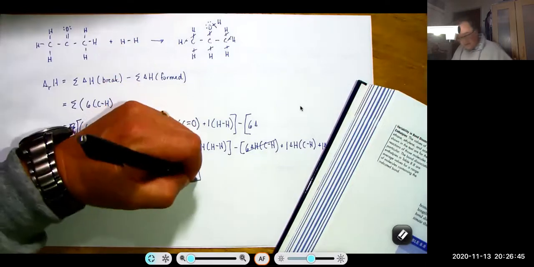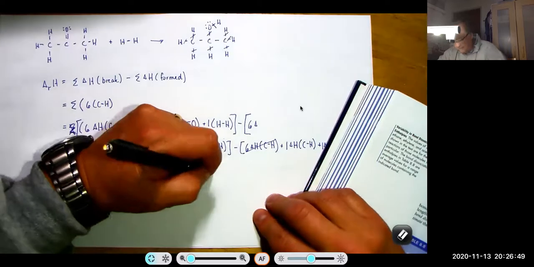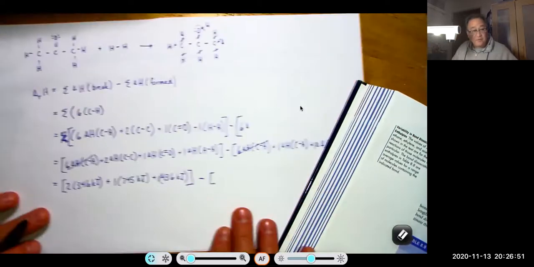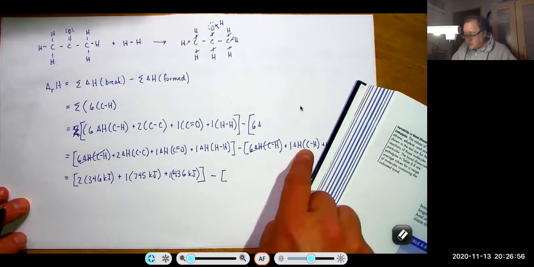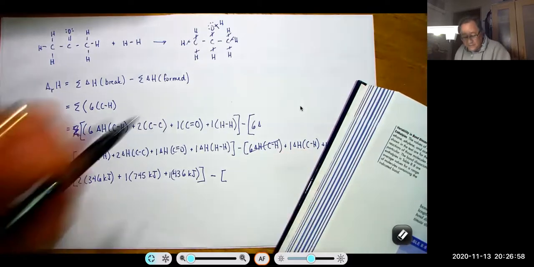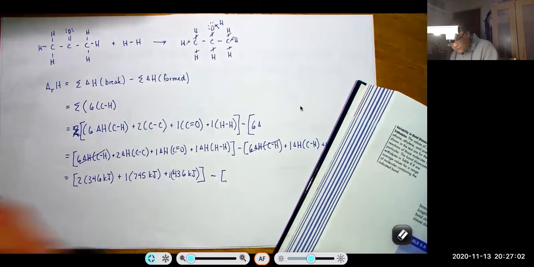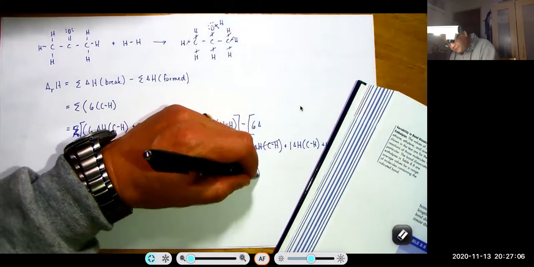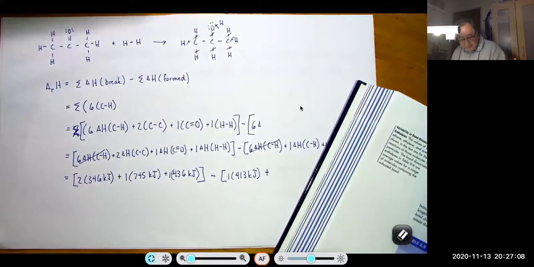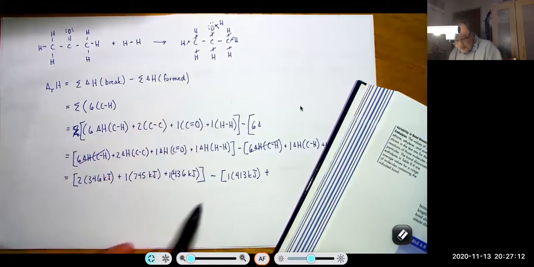So that's the end of the top bracket, the beginning bracket, minus, whoops, we have a carbon-hydrogen bond, one of those. That's that one right there. So that's going to be 413, plus, because remember, this sum means plus. We sum all these, but then after you sum them, you subtract them from those.